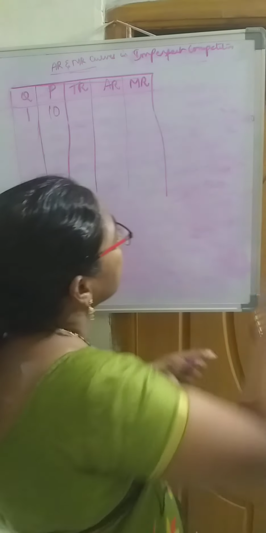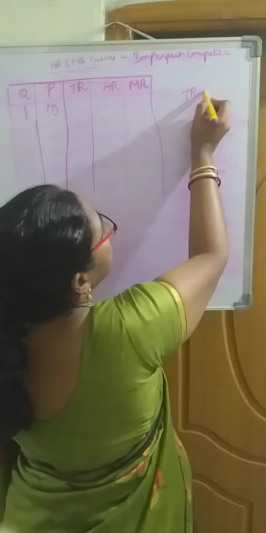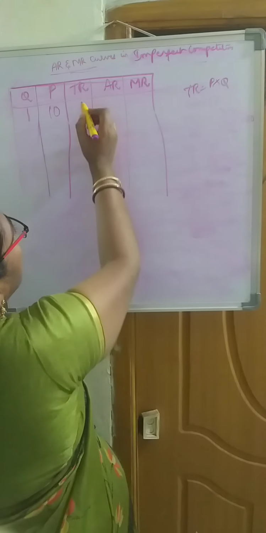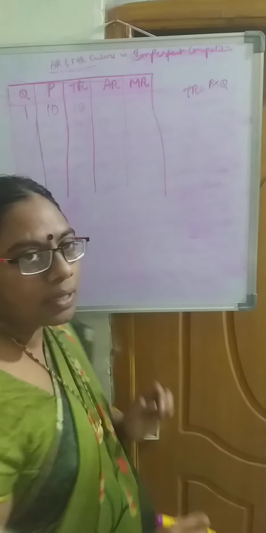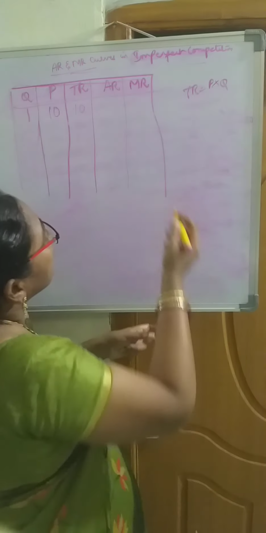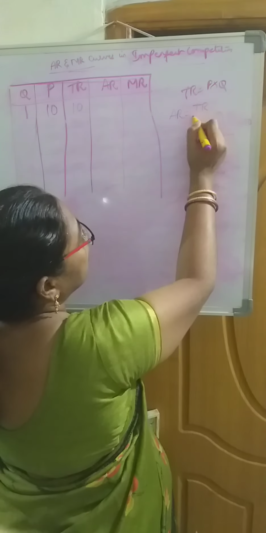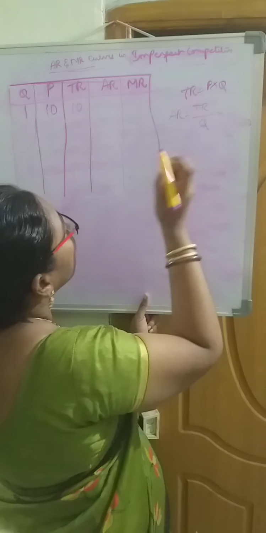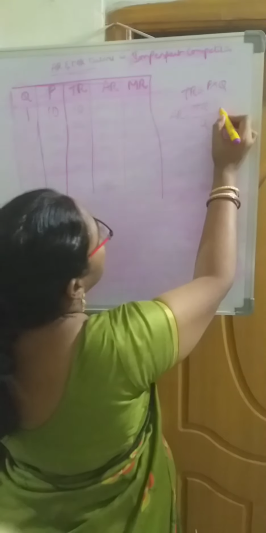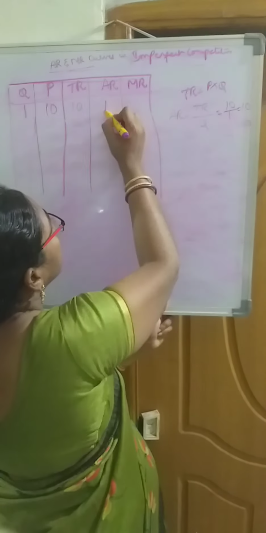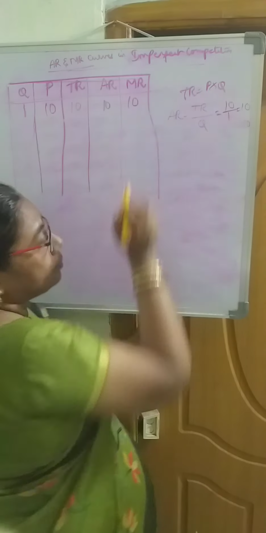The total revenue, as I've told before, TR is equal to P into Q. So when we multiply, you get TR. And AR is equal to TR by Q. So you get 10 by 1, 10. And MR is also 10.